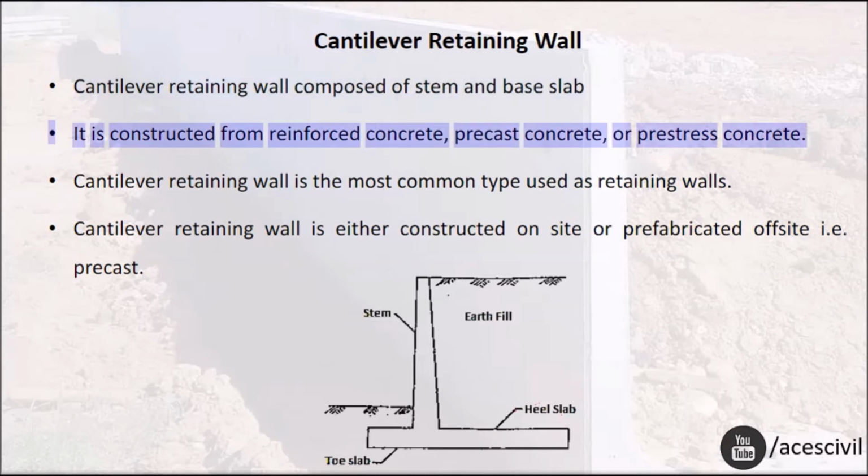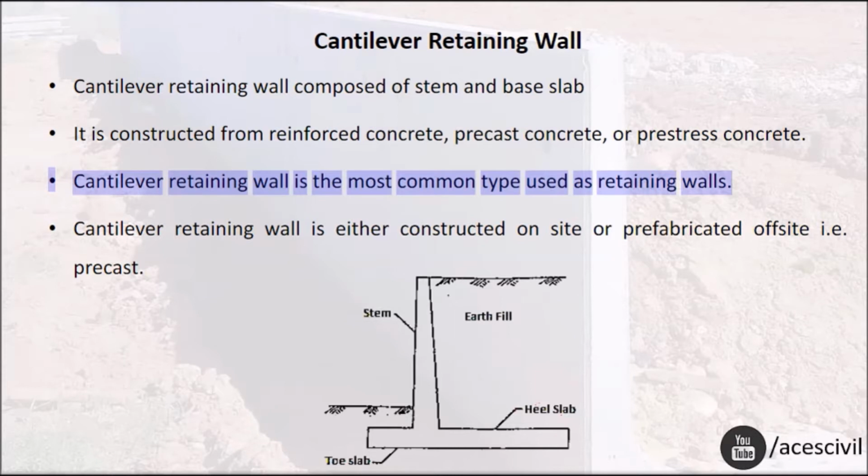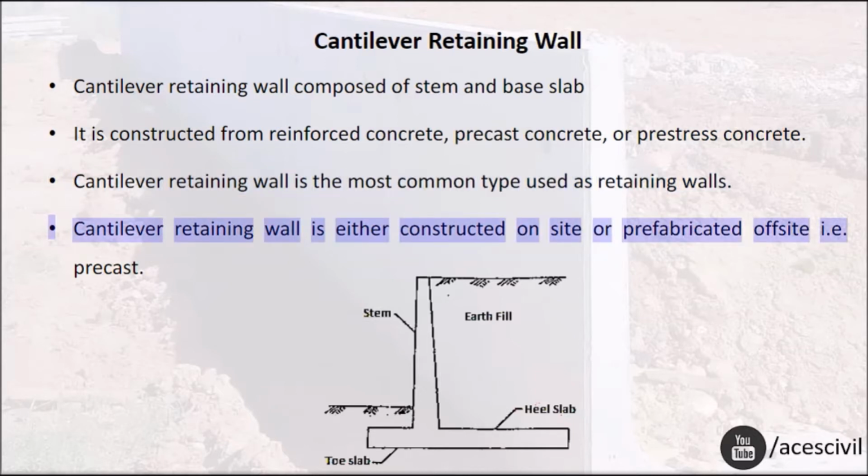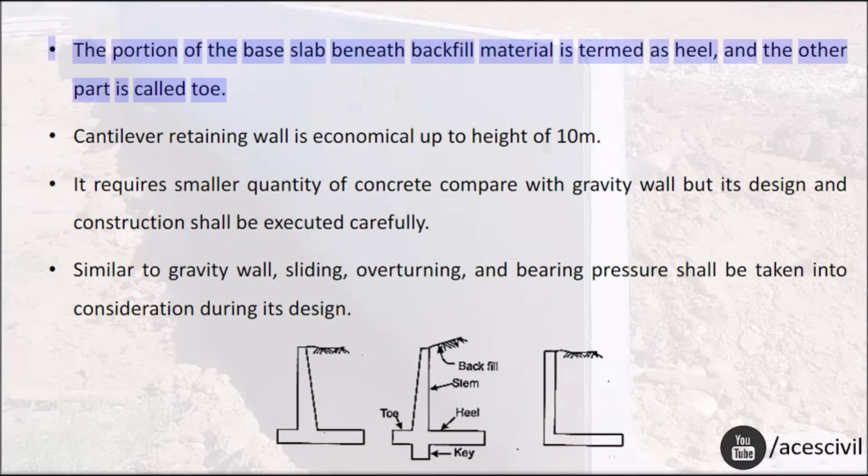It is constructed from reinforced concrete, precast concrete, or pre-stressed concrete. Cantilever retaining wall is the most common type used as retaining walls. It is either constructed on-site or prefabricated off-site, i.e. precast. The portion of the base slab beneath backfill material is termed as heel, and the other part is called toe.